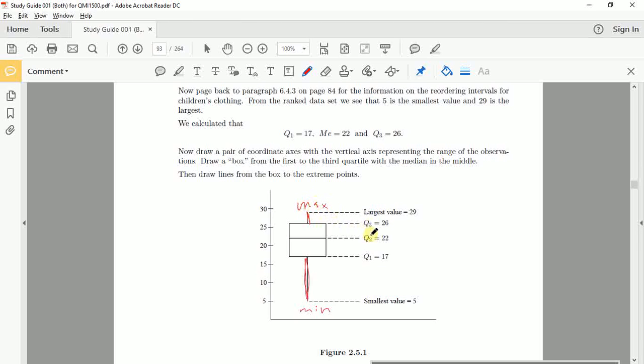Then you've got the interquartile range: the 75%, 50%, 25%. That's how you draw a box and whisker. The largest value, which is the max, the smallest value, which is the min, and then you've got the interquartile ranges, Q1, Q2, and Q3.